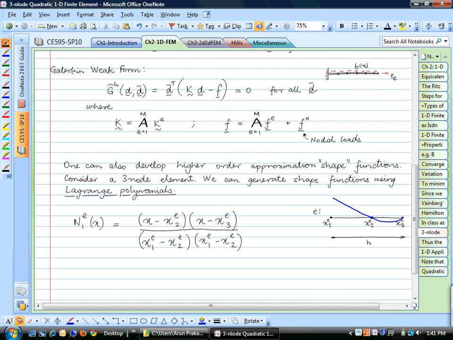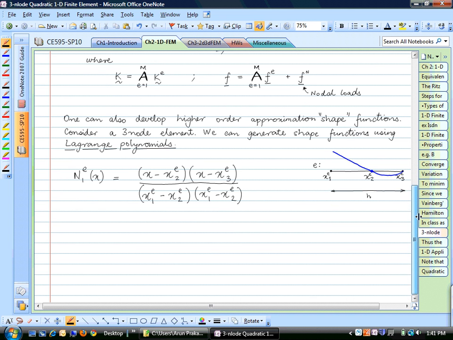So similarly, you can write out the other two shape functions. The next shape function is at node 2. We are going to write this as x minus xe1, and this shape function should go to 0 at node 1 and at node 3.